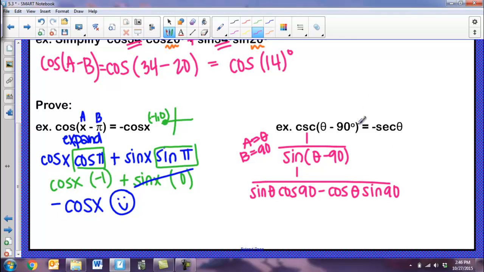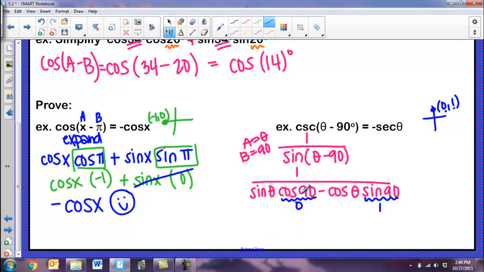And again, this is just some exact value practice because the cosine of 90 is a number. The cosine of 90 degrees, if I draw my coordinate plane, I know that that point is at 0, 1, so the x is at 0, so that's 0. And sine of that number would be 1.